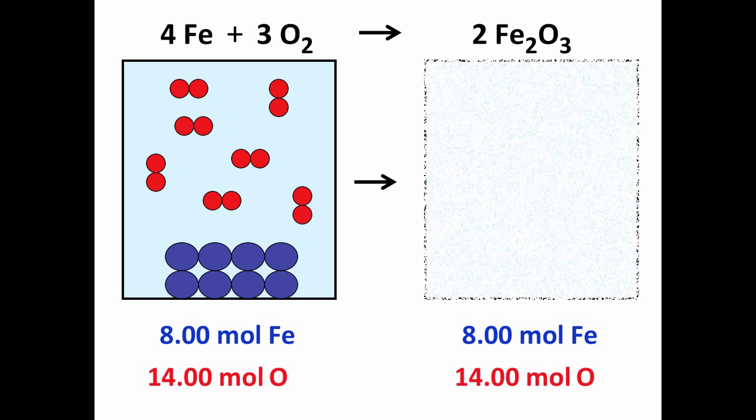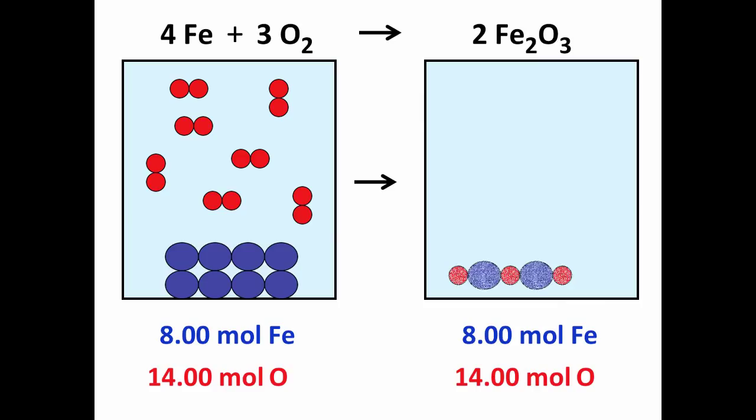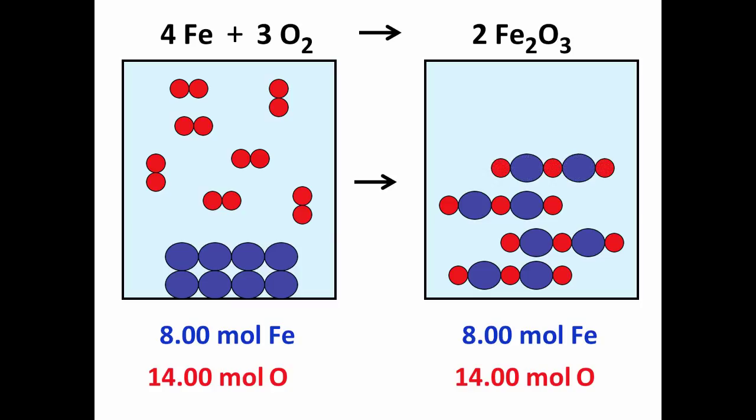Fe. And if we now do this, well, there's an Fe2O3 unit. There's another Fe2O3 unit, and another. And keep track of how many Fe's we are using and how many O2s. And you notice when we get to this point, we've used 8 Fe's. So these are all gone.